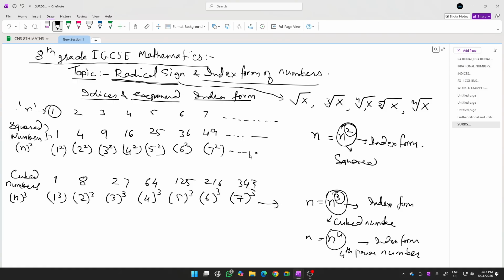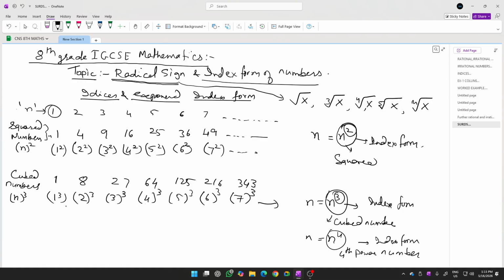Got it? So far, you came to know that if n is a natural number 1, 2, 3, 4, 5, 6, 7, then the square number will be this, and the cube number will be this.